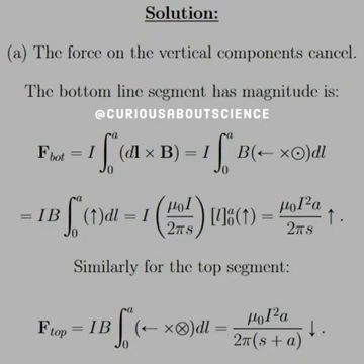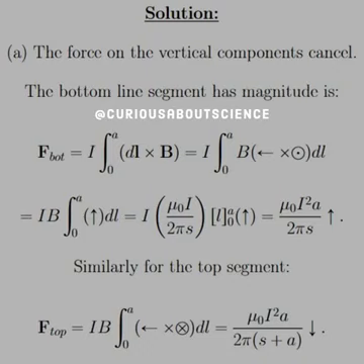So left times out, according to the right-hand rule, leads us to a direction of up. And that's how we get the up arrow in the integral. And then the integral is just of the line segment, so that's A minus 0, which is A. So that's how we get this force bottom is equal to mu naught I squared, because we have the I from the B field and the I from the force formula, times A all over 2 pi S, since that's our separation distance, with the up arrow.